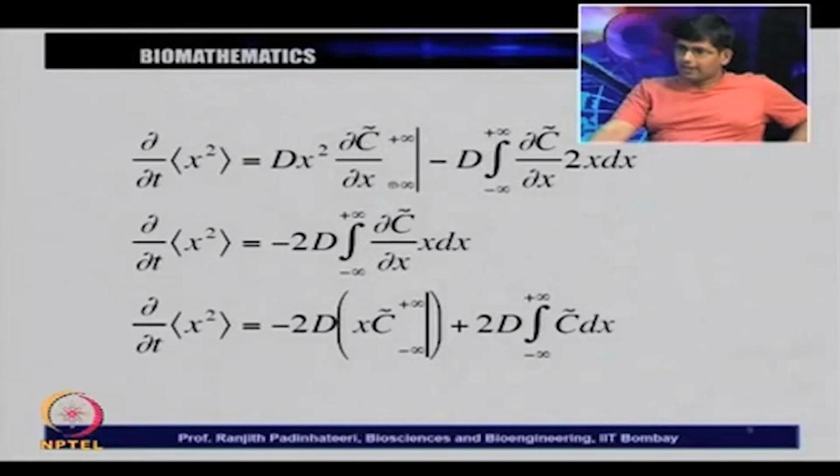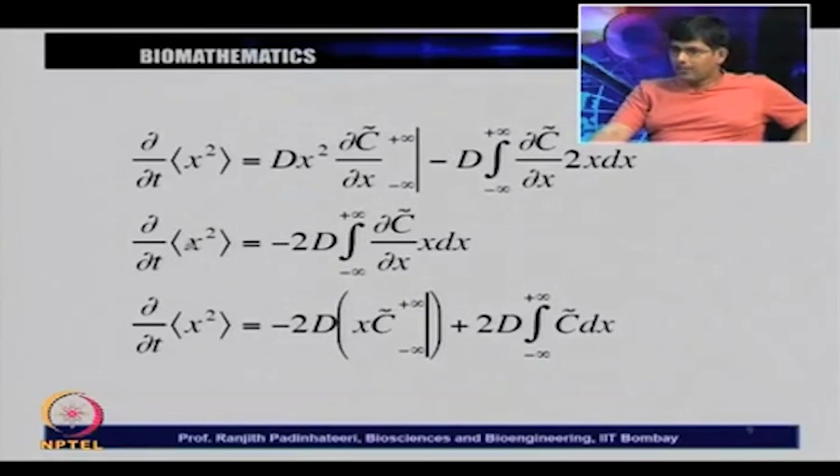In other words, it is symmetric, whatever is on the left side has to be equal to the right side. So, this term will go to 0, and this. So, what remains is just this.